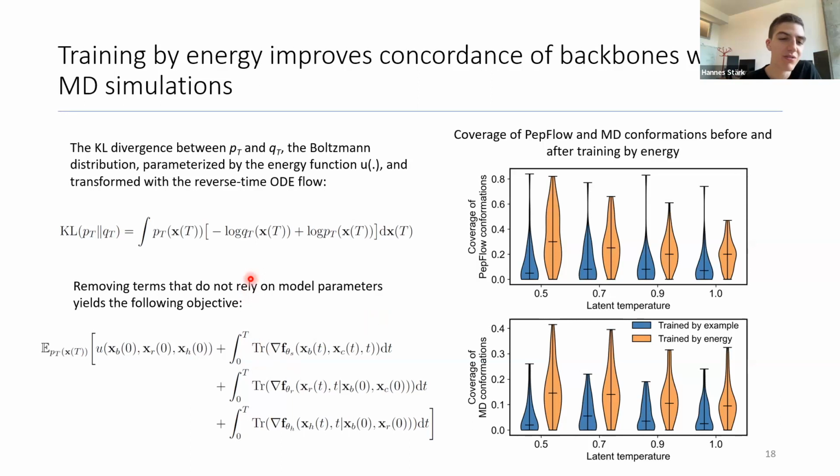Okay, so you don't even compute the Jacobian and then take the trace, instead you use? Yeah, we use Hutchinson's estimator. You can do that efficiently using a vector Jacobian product, which allows for efficient training. With the number of degrees of freedom present in a peptide, exact computation would be prohibitively expensive.